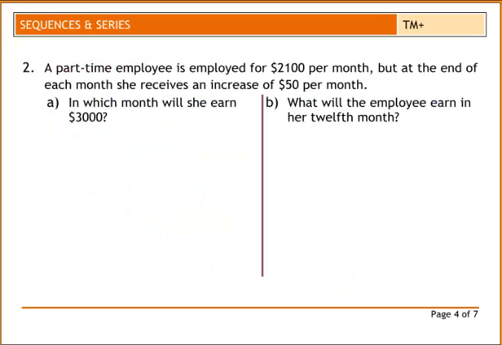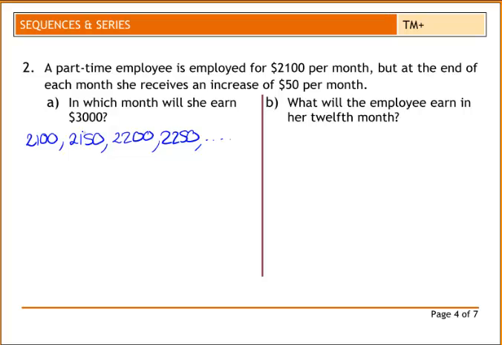Next, a part-time employee is employed for $2,100 per month, but at the end of each month she receives an increase of $50 a month. If you think about this as an arithmetic sequence, we've got 2,100, 2,150, 2,200, 2,250, and you keep going.